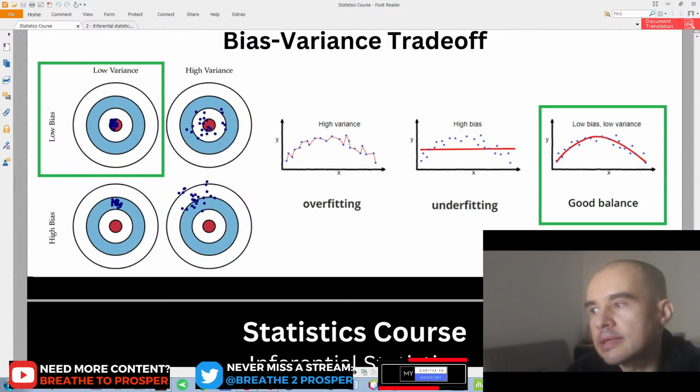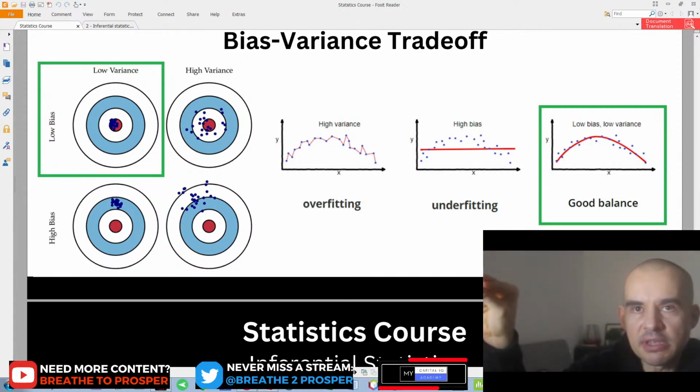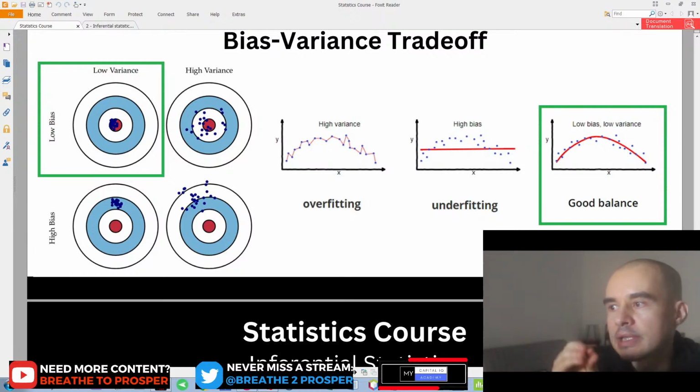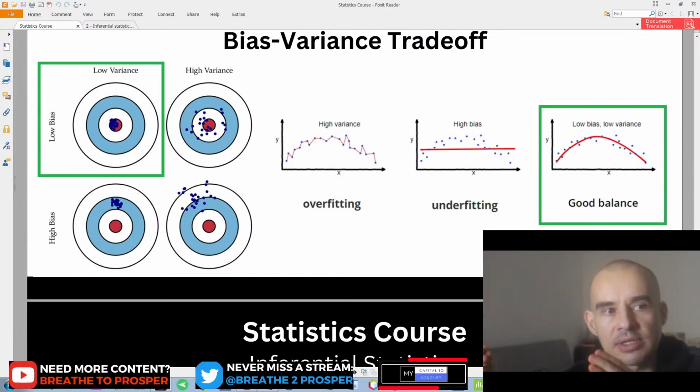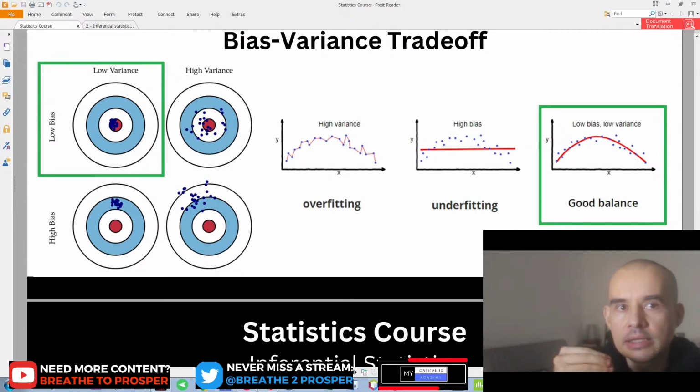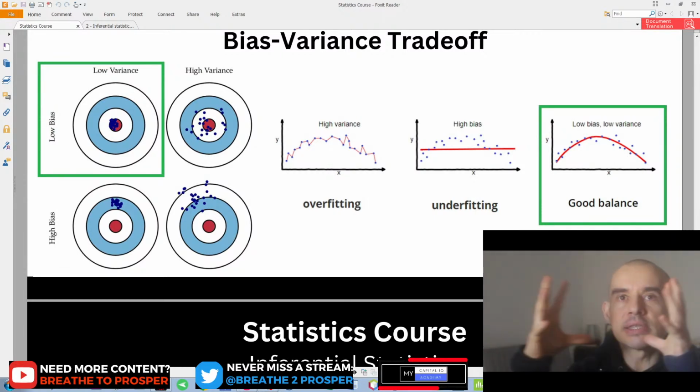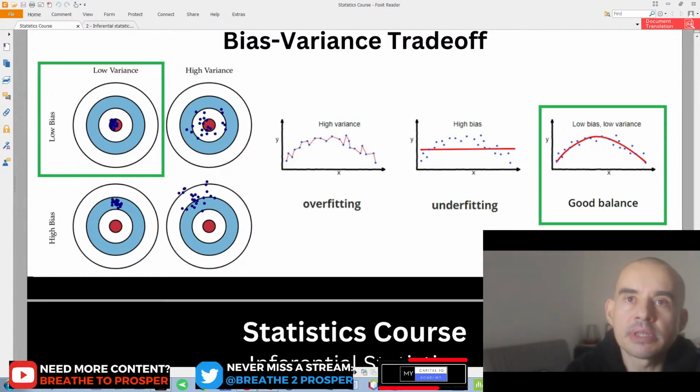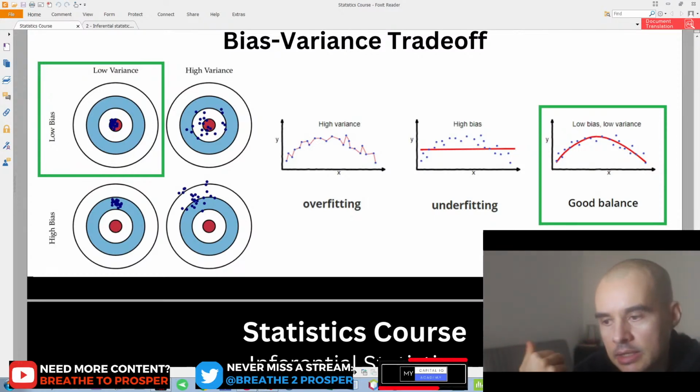So when you look at this here in the darts, bias means centered to a specific point. That's what that means. So you want it centered, so low bias. High bias means it's not centered. It's not in the center that you want. And variance is about the spreadness of the data. We talked about the investment funds earlier yesterday, and it's about that.